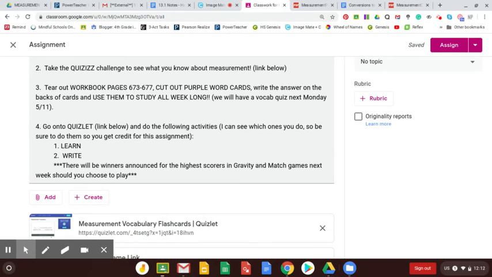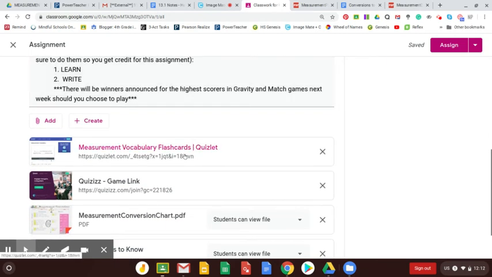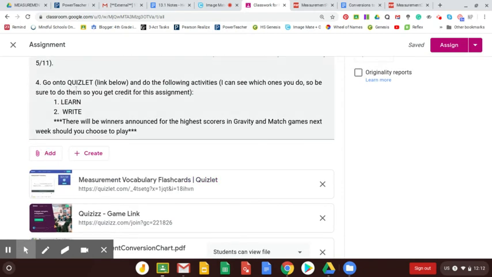All right, finally today, you are going to go on to Quizlet and do these activities. So Quizlet and Quizzes sounds very similar, but Quizzes is kind of like a game link. And Quizlet is a way to study your vocabulary words. So there's 2 things that you have to do on Quizlet, and then the rest are optional.